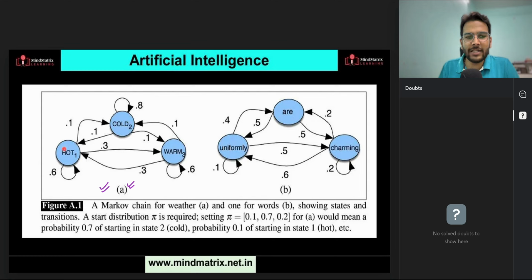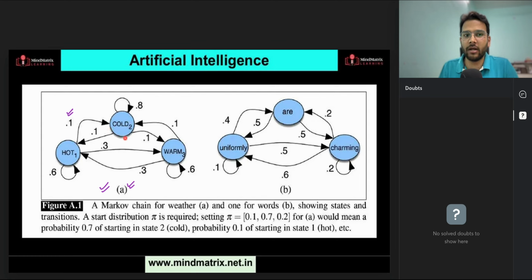Now, let's say you are present at the hot state. The probability of going to the next state, which is cold, given that you are present at the hot state, is 0.1. These edges, basically this has to be a directed graph.